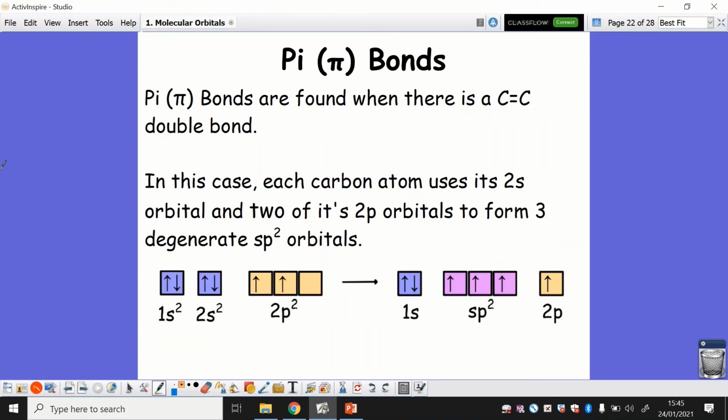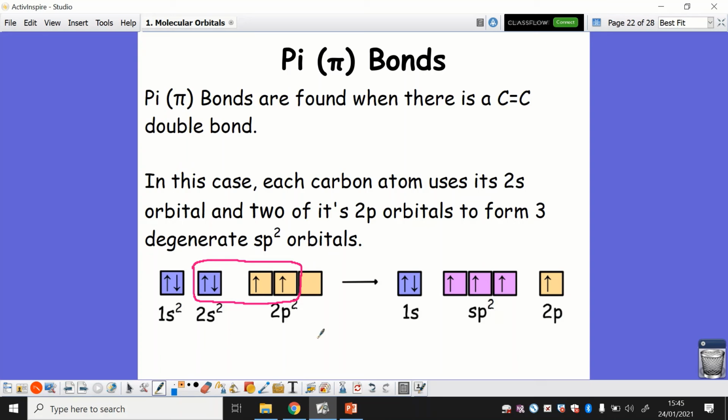So that something different is a pi bond, and pi bonds are found where we have multiple bonds holding 2 atoms together, so a double bond or a triple bond. Pi bonds are seen where we see sp2 hybridization. And sp2 hybridization is where we take one s orbital and it hybridizes with 2 p orbitals, giving us 3 degenerate sp2 orbitals, so 1 s, 2 p, and then 1 full p orbital.